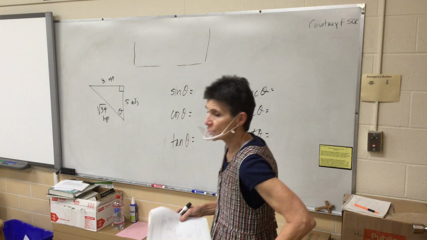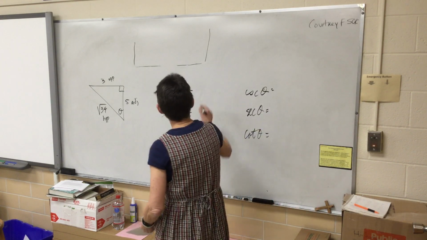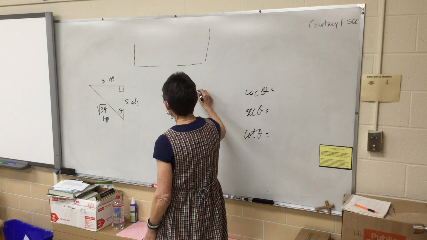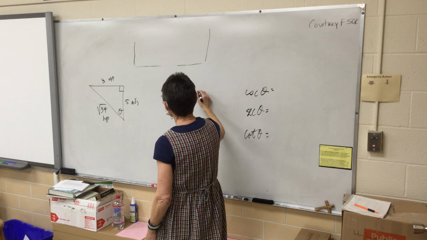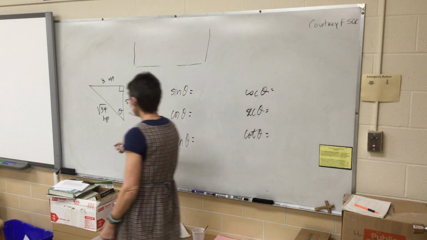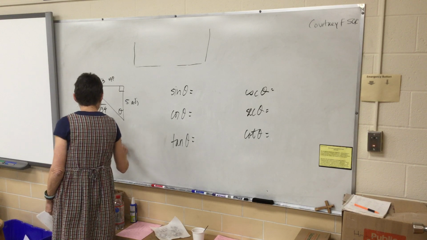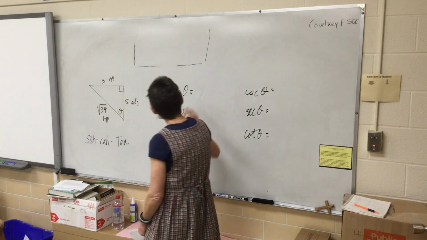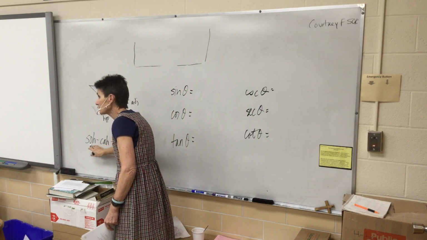Okay, anybody have some answers you're willing to share? Reed, what do you got? For the first one, I got 1/8. Oh, I must have added some more. Yes. Sine, remember, don't forget SOHCAHTOA. Okay, so sine is going to be the opposite side over the hypotenuse.